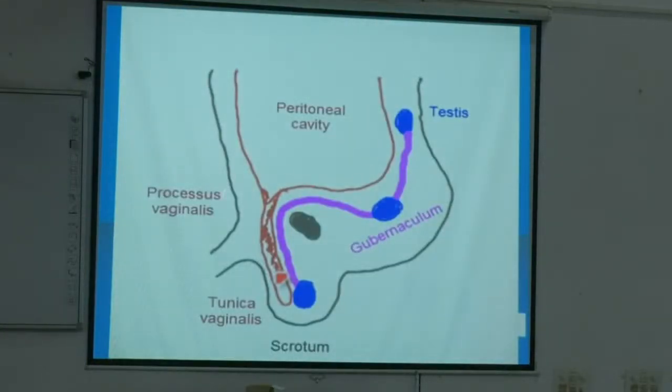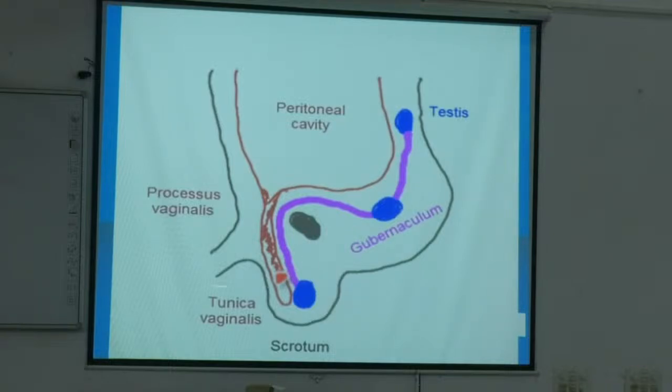See this peritoneal cavity, it is connected via the processus vaginalis with this sac. This part is known as tunica vaginalis. Only this part remains patent, and this tract which was continuous in fetal life is obliterated. If it is not obliterated, then the abdominal cavity contents, the intestine or other structures, can pass through this processus vaginalis, forming the indirect inguinal hernia.